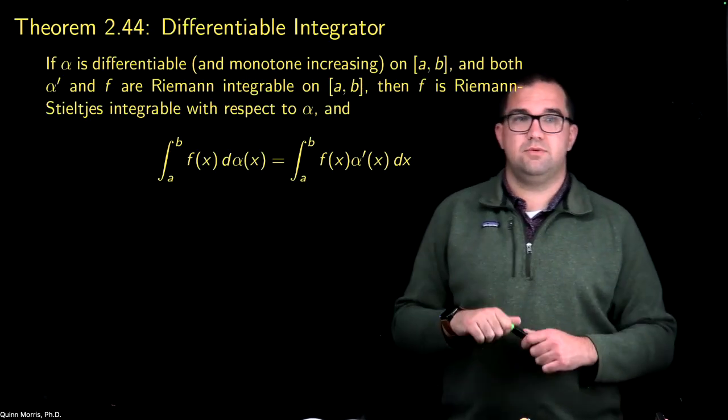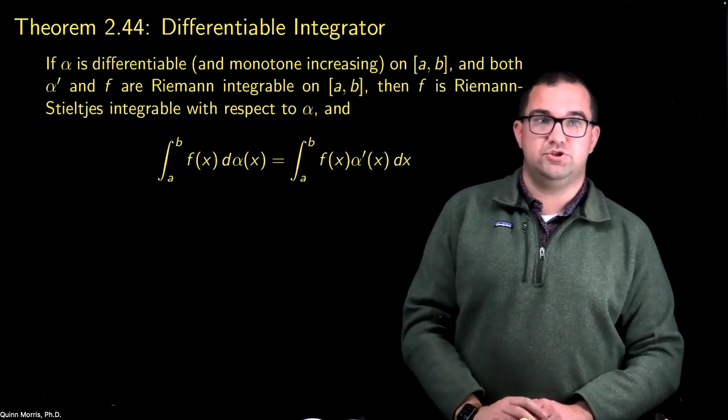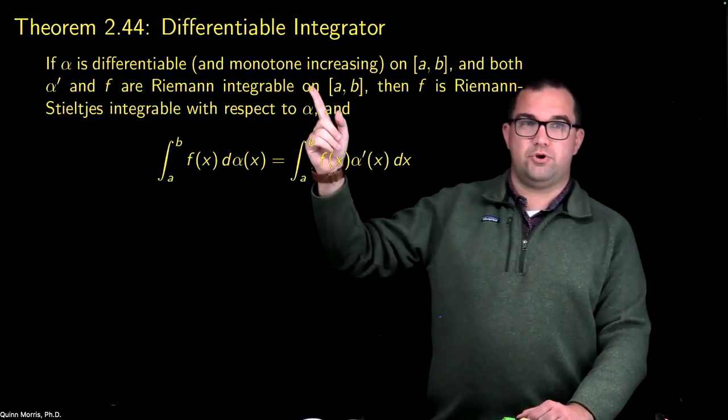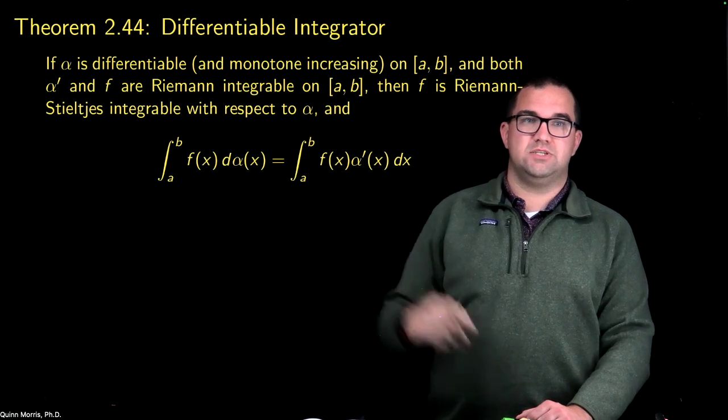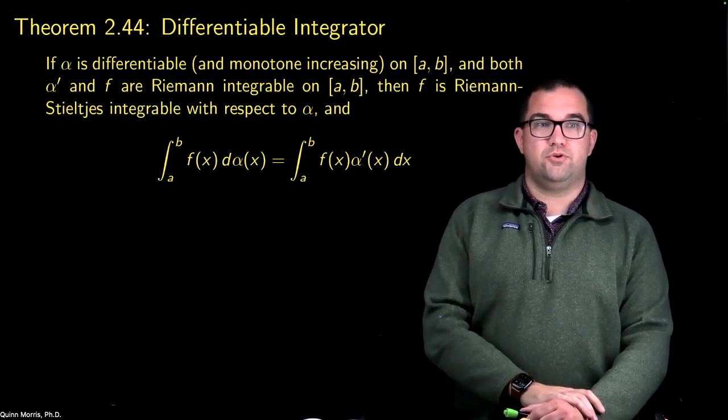So this theorem says if alpha is differentiable, and of course when we're talking about Riemann-Stieltjes integration, we're always assuming that alpha is monotone increasing.